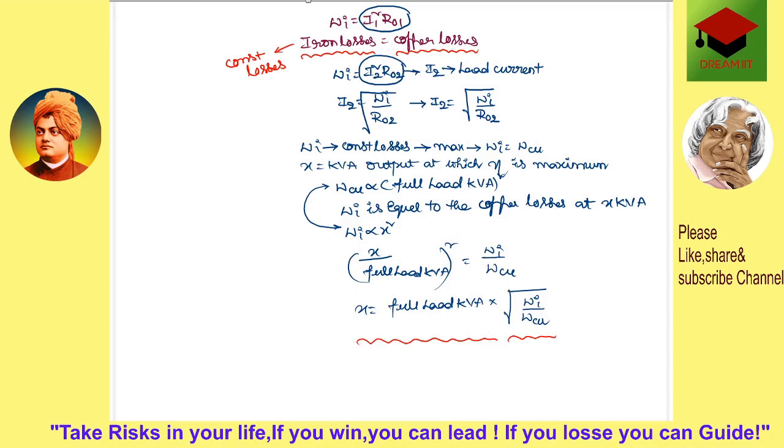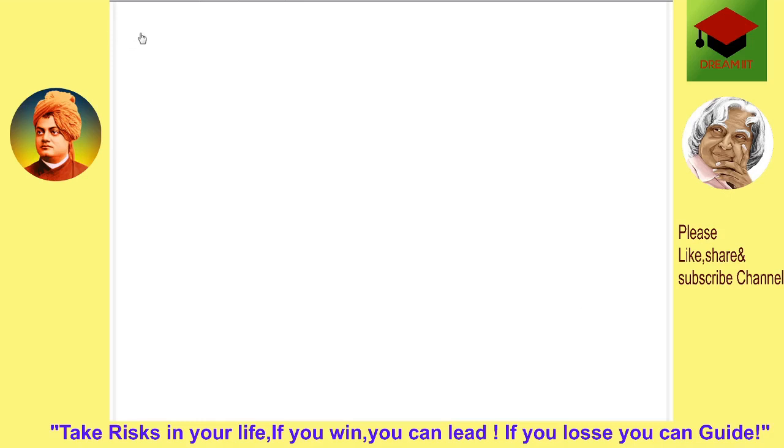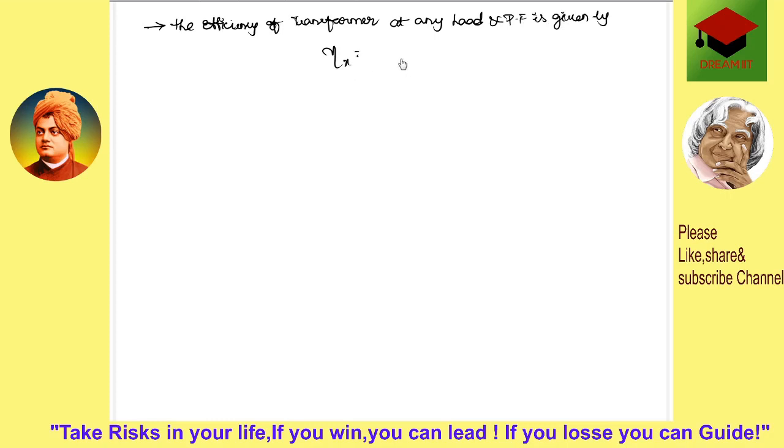So in another form also you can write the efficiency of the transformer. This is a very important formula: the efficiency of the transformer at any load and power factor is given by, at X fraction, X into kVA into 1000.